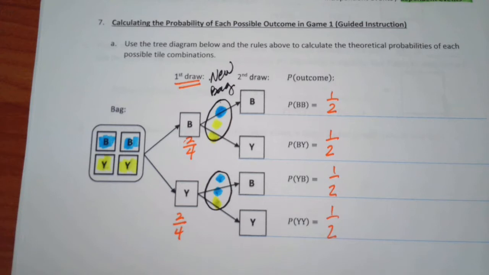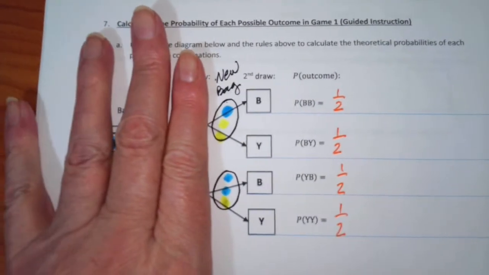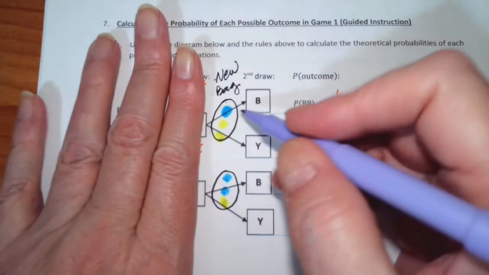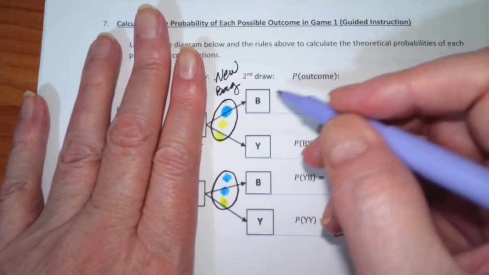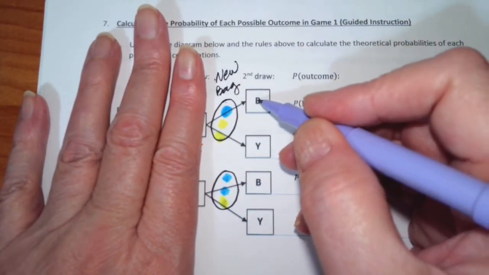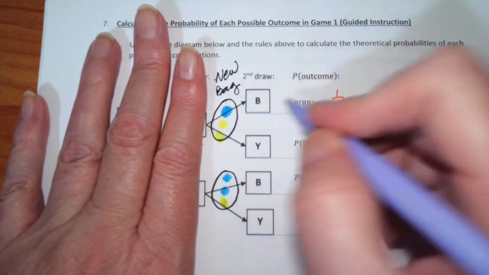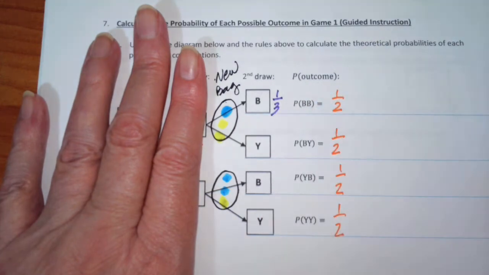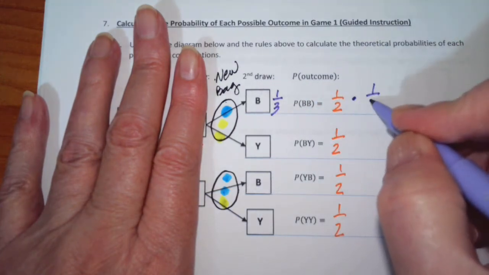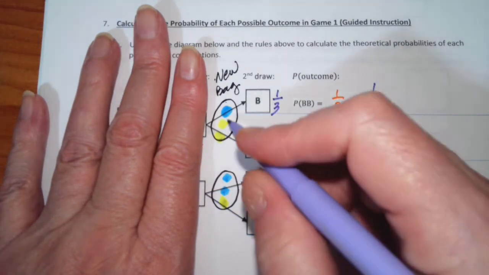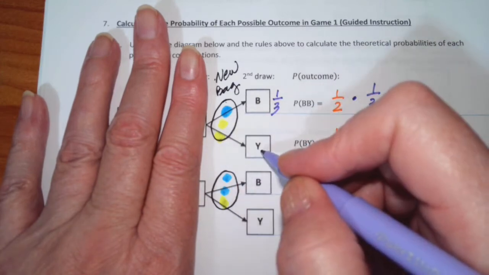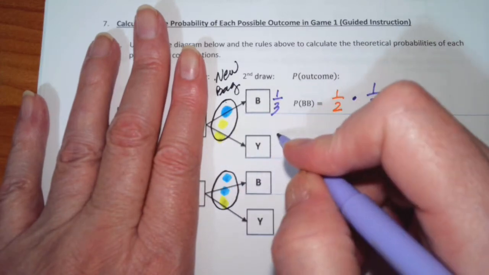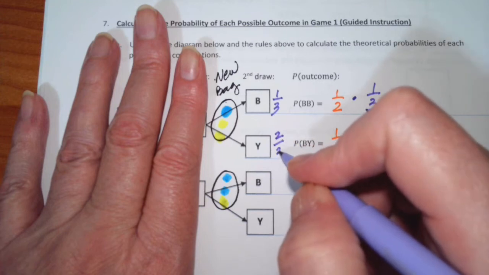So for my second draw, I'm all done with this part. For my second draw, I'm looking at this bag. Now, the probability of drawing blue, there is 1 out of 3. The probability of drawing a yellow, well, there are 2 yellows out of the 3 possible.